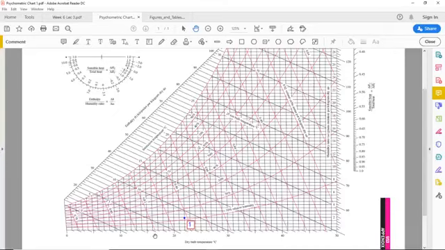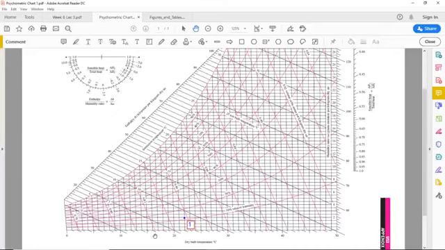The end point of the process will only be located if we know two of the properties at that end point. One of the properties that we can easily find out is the humidity ratio by using the equation for the mass balance of water vapor, that is m dot w is equal to m dot a into (w2 minus w1).